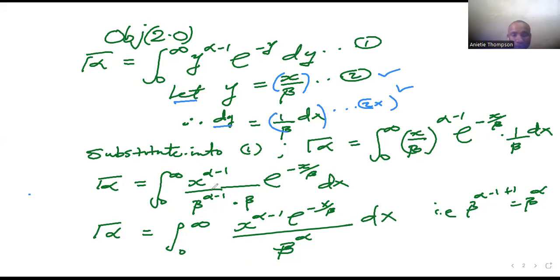By doing so, we have gamma of alpha equals the integral from 0 to infinity of x over beta raised to the power of alpha minus 1, exponential minus x upon beta, times dy, which is given as 1 upon beta dx. You can see all the substitutions are here, and here, and here.